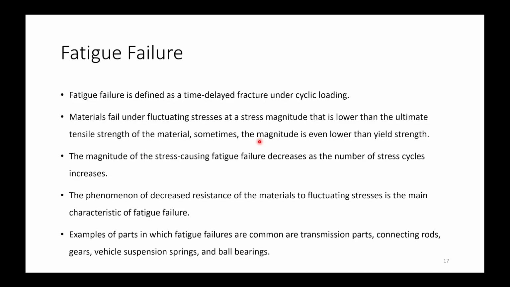So this you can see in the SN curve, that these have an inverse relation. So either your number of cycles to failure will increase or your stress will go down. The phenomenon of decreased resistance of materials to fluctuating stresses is the main characteristic of fatigue failure.